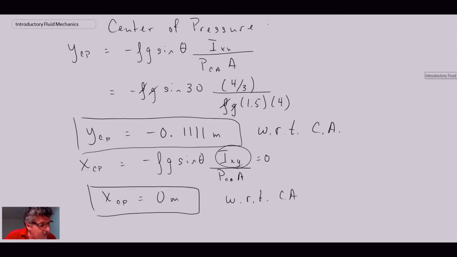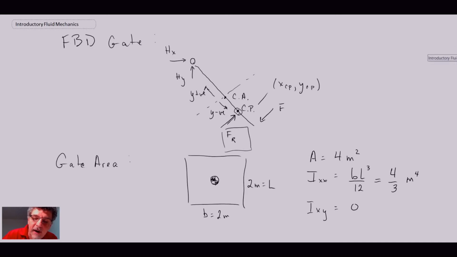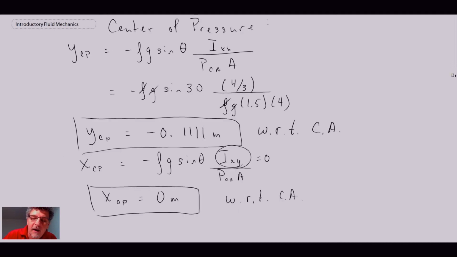So with that, let's go back and determine, first of all, the hydrostatic force, because where was our free body diagram? Okay, our free body diagram is here. What we're trying to figure out is what is this force required. We still haven't determined that. That's the force due to the fluid, Fr. So let's calculate the hydrostatic force.